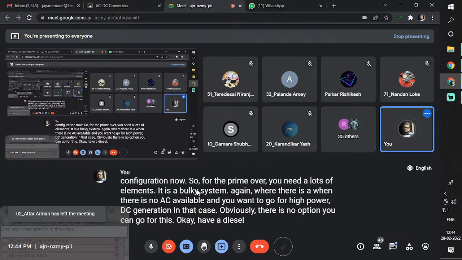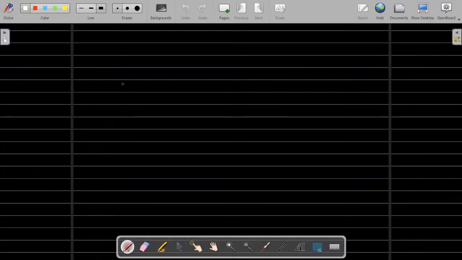Okay, now let me share that when we want a variable voltage in output, okay, instead of this I'll type it.